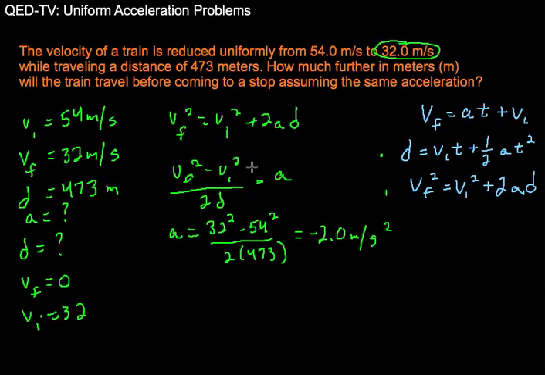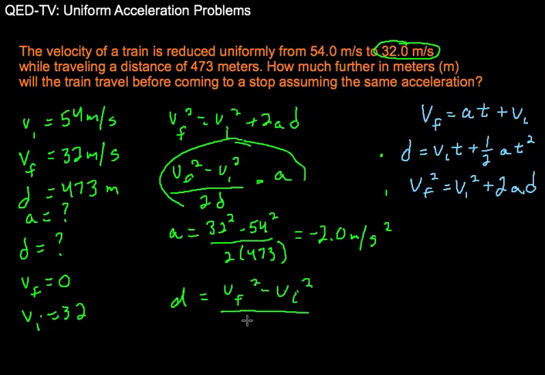It would be this same thing right here, except instead of A, I'm going to have a D. So D equals VF squared minus VI squared all over 2A. Well, what is final velocity squared? It's 0. So I'm going to have a minus VI squared over 2A.